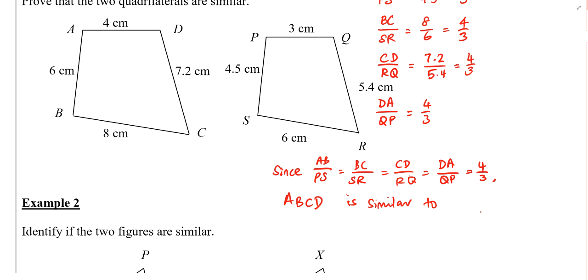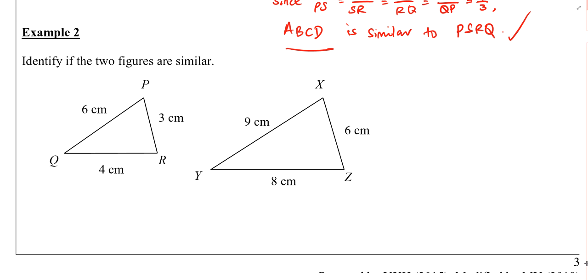PSR, can I write PQRS? Because ABCD, so PQRS. Can or cannot? Okay, so what is the answer supposed to be? P? SRQ, okay, correct. So the naming is important.